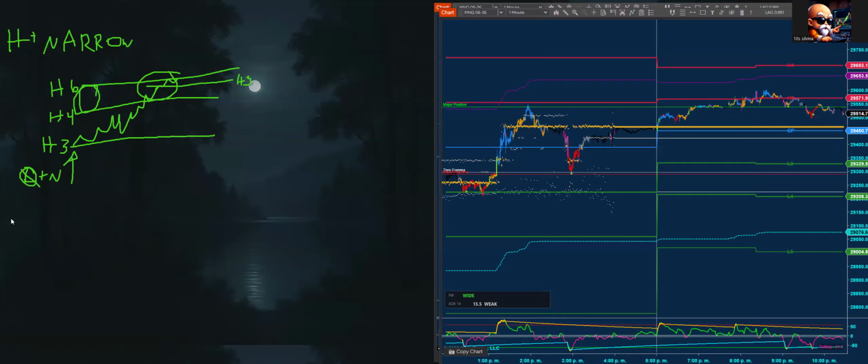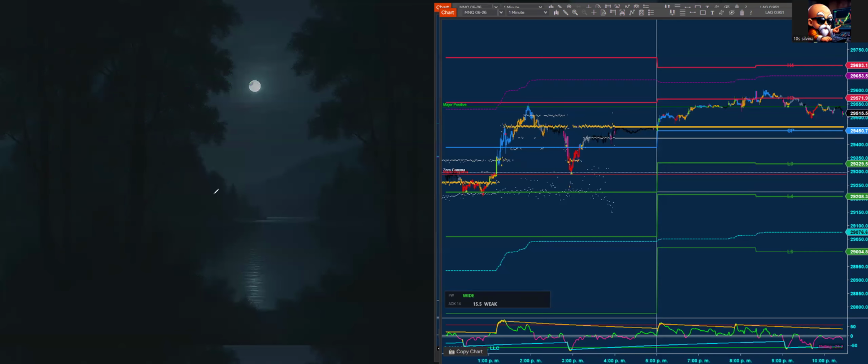The most important thing is wide or narrow. What kind of day is it? If wide, try to find the daily ATR and reject at the daily ATR. And if narrow, try to find extensions. Let's say H4 to H6. Price breaks H4, I'm going to try to find H6.